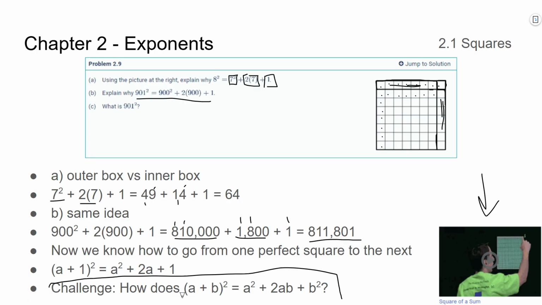So try to explain why this here becomes this. The reason I think this is so important is because as you get into higher level maths, you're going to have to work with variables to create more generic expressions that always work for everything.